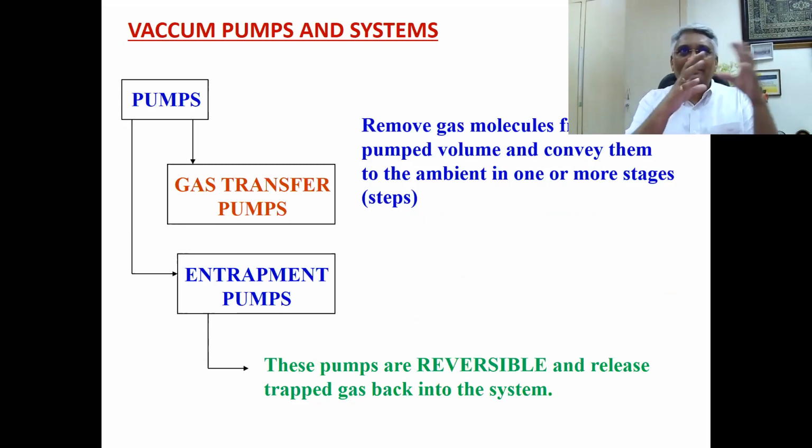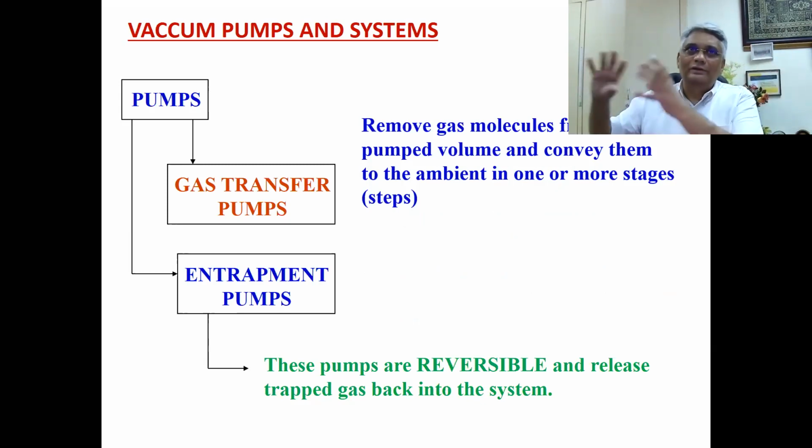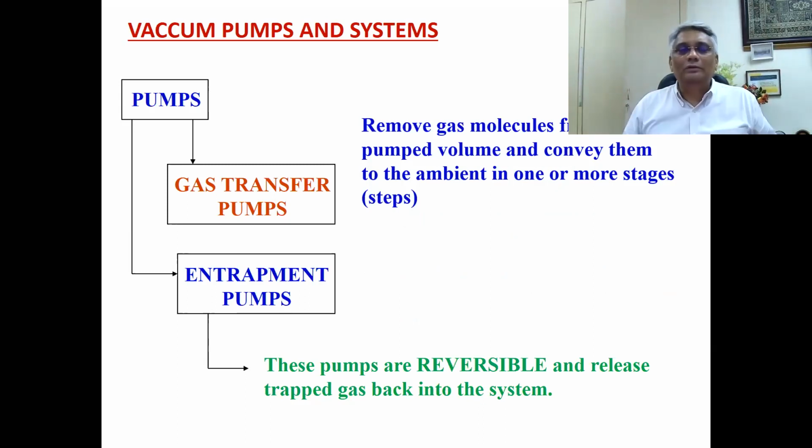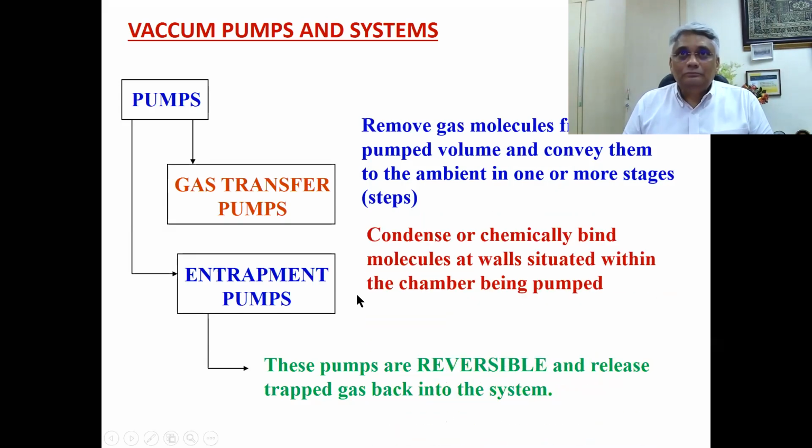These are the gas pumps that remove gas molecules and convey them to the ambient in one or multiple steps. And there is also a possibility of condensing these gas molecules or chemically binding them on the walls situated within the chambers through which the gas molecules are pumped.